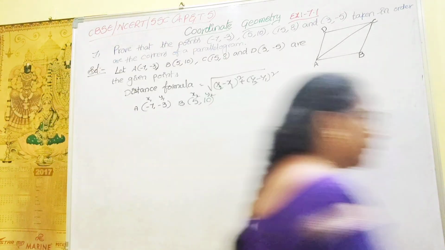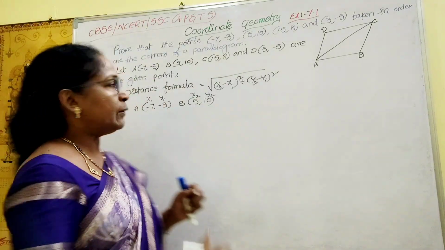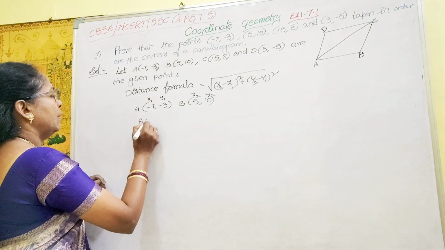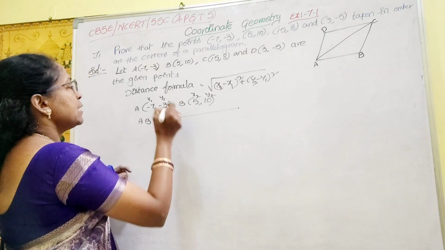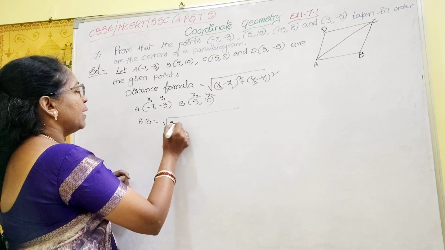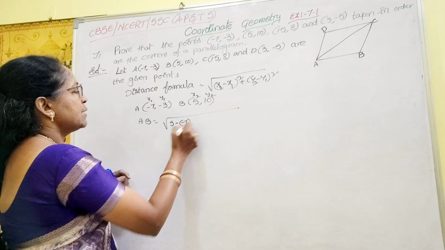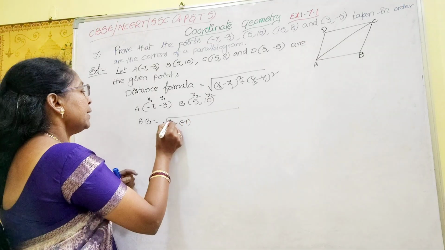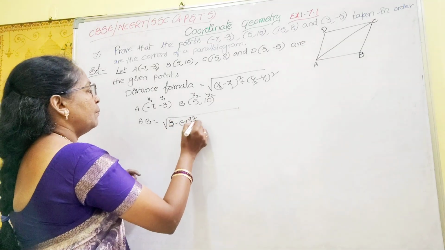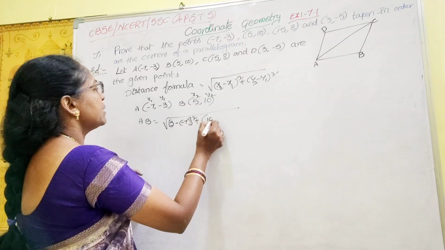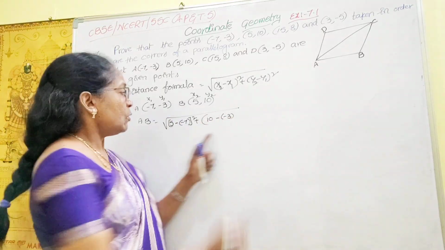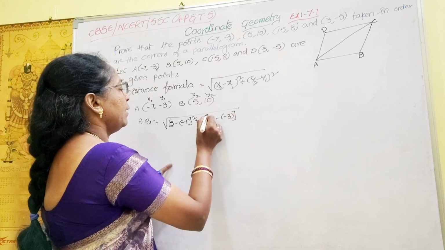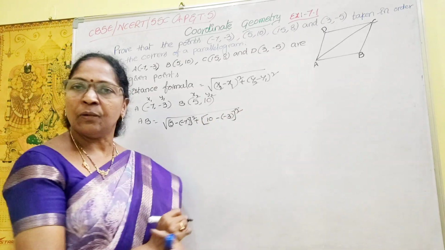The distance AB equals the square root of x2 minus x1, so 5 minus of minus 7, so keep the bracket, whole square, plus y2 is 10 minus of y1 which is minus 3, so keep the bracket, again y2 minus y1 whole square.